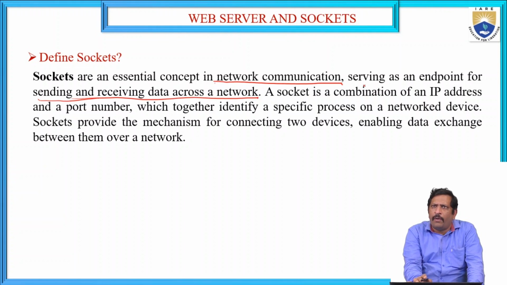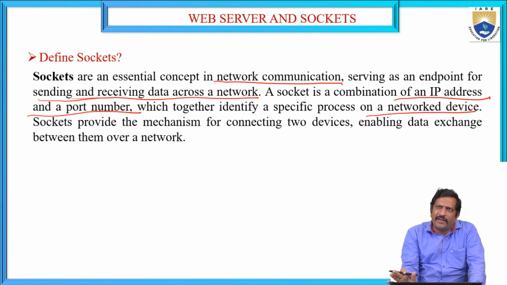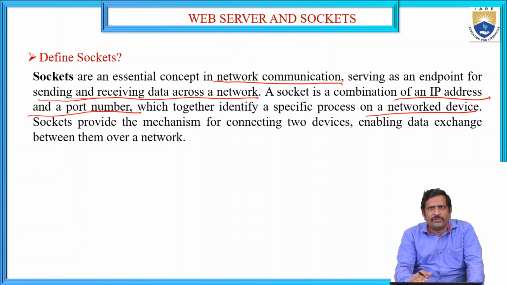A socket is the combination of the IP address and port number. The combination of IP address and port number is called a socket, which together identifies a specific process on a network device. With the help of the IP address and the port number, we can identify the particular destination, and then we can directly connect to the server, or to the particular source.